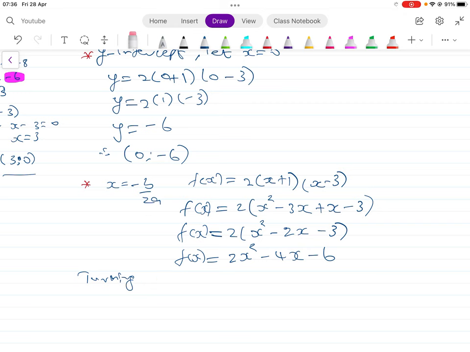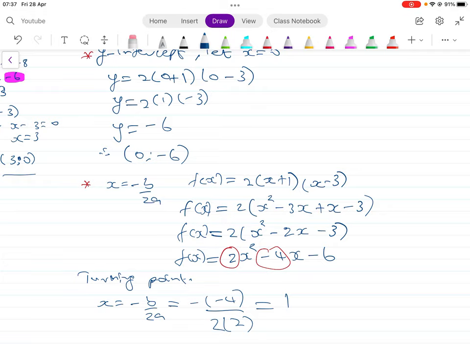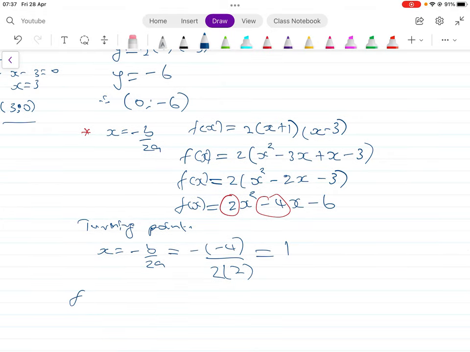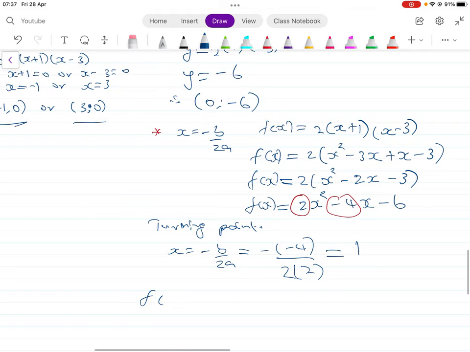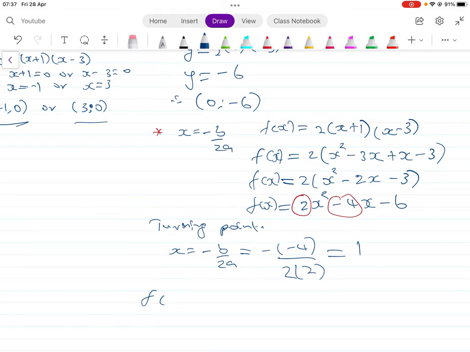Yeah, my handwriting can be a mess sometimes. Okay, for the turning point, the x value of the turning point is minus b over 2a. And you know what your b is? Your b is that negative 4, and then your a is positive 2. Okay, substitution: minus negative 4 over 2 into the a, which is 2. And we have positive 1 again. So the y value again, we're going to do the same thing that we did with the initial format. When we're calculating the turning point, we substitute x by 1. We have 2 into 1 squared minus 4, 1 minus 6.